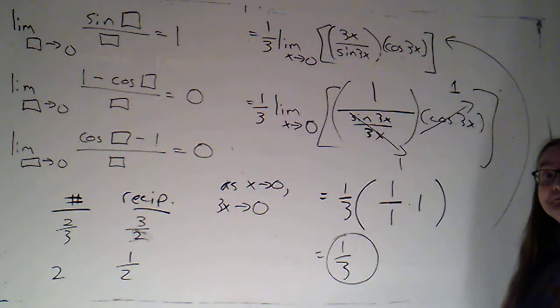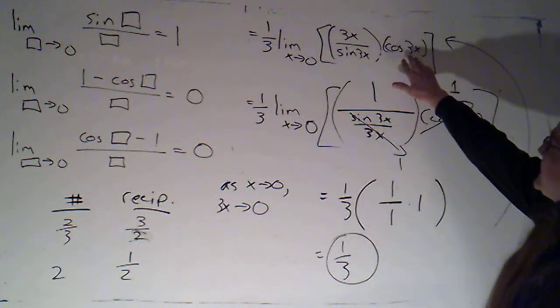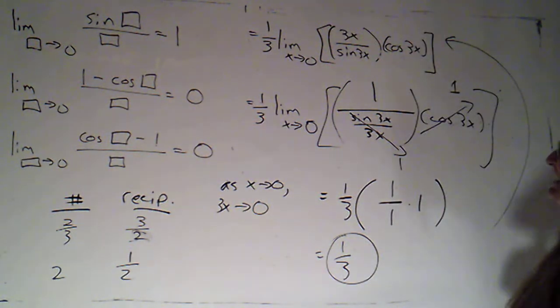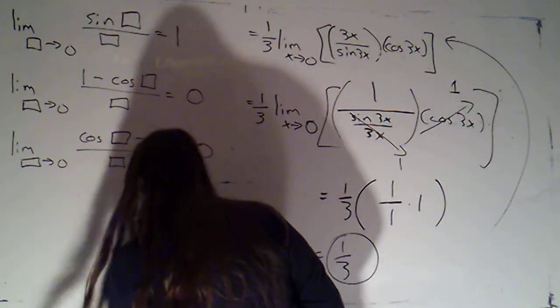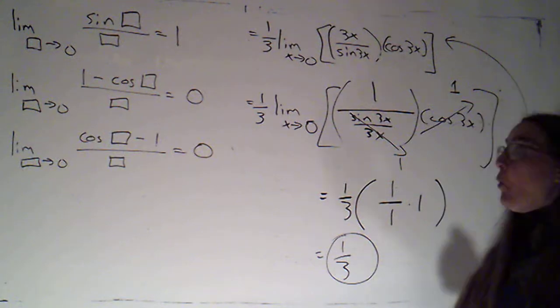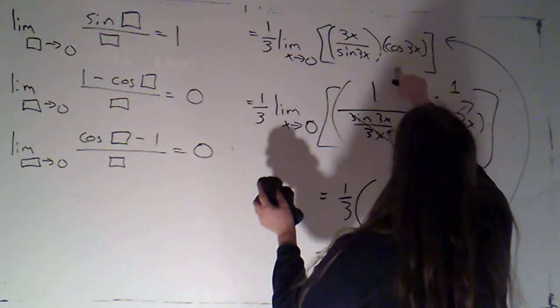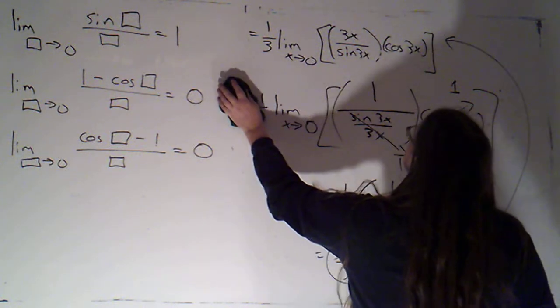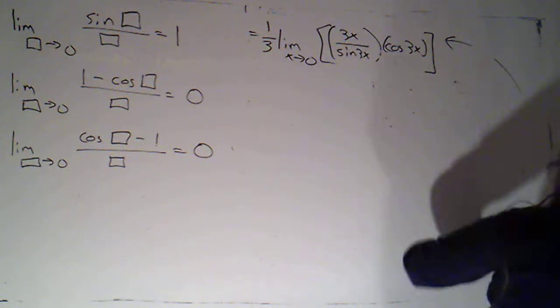Very cool. Okay. Now, one caution here. I kind of let that cosine just hang out for a while. I knew eventually it was going to become 1. Okay. Now, I'm going to just go back to this step here.